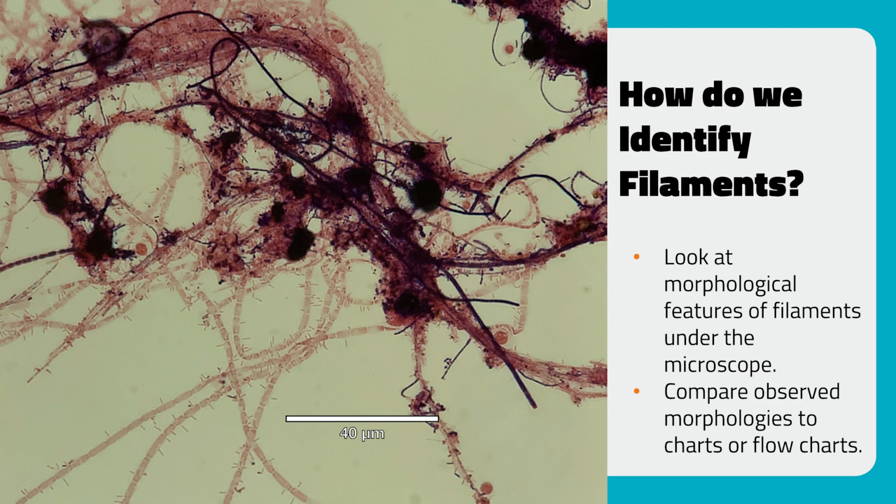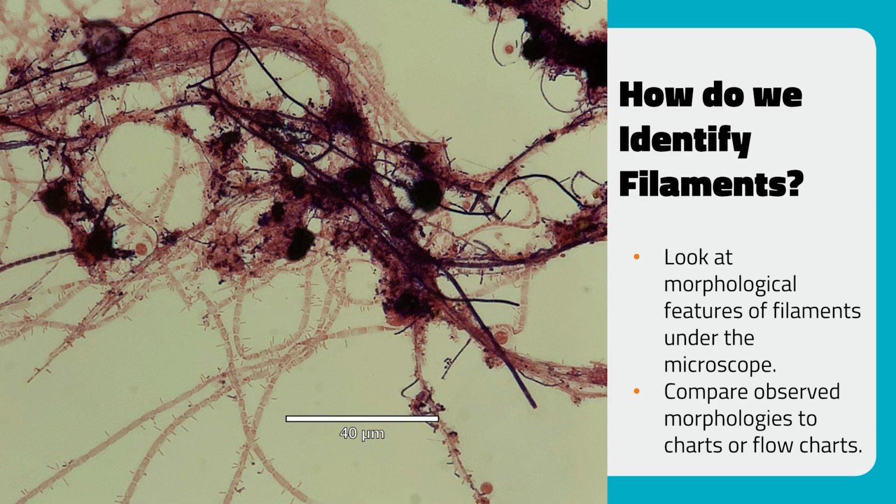We're going to go through those in the following slides, but those are generally going to be filament width, filament length, filament shape, whether or not a sheath is present, whether or not cells are visible within the filament, the shape of those cells, if visible, whether or not the entire filament displays motility, whether or not it's a branching filament, whether or not we can see sulfur granules within that filament.